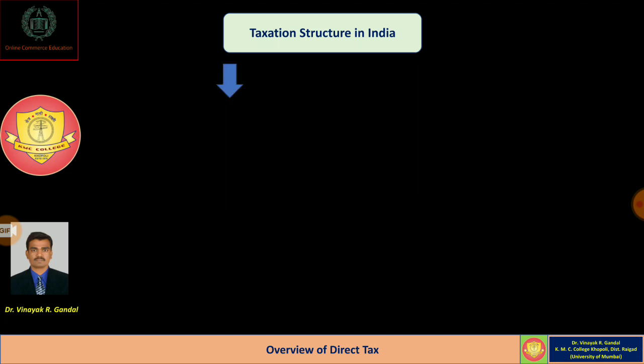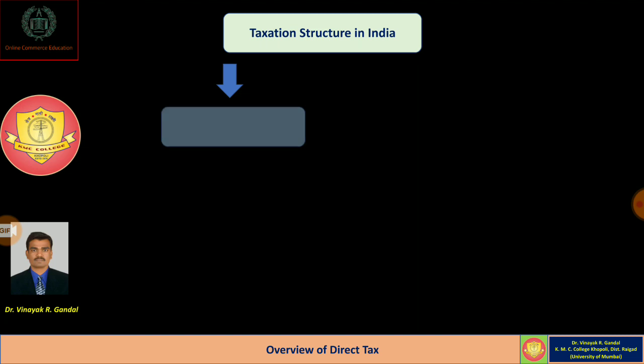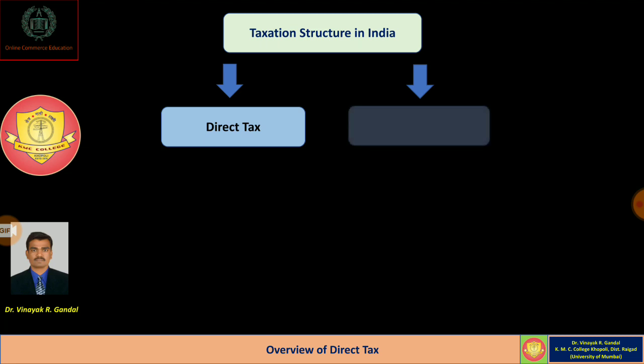Dear students, there are two types of taxes in India. First is direct tax and second is indirect tax. These are the two types of taxes which the government of India collects by way of revenue, and it is utilized for the regional development of the country.